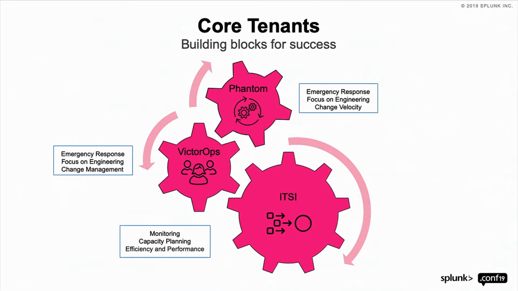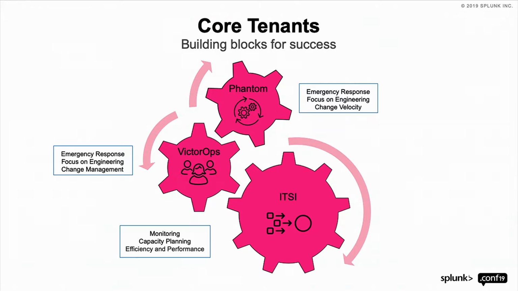So let's talk about where those tenets fit in the Splunk ecosystem. So the first thing that we're going to talk about is ITSI. You're going to use that for monitoring, capacity planning, alerting, and some of the efficiency and performance measurements that you need. If you have alerts, and we'll talk a little bit about the difference between monitoring and alerting, and you need to get hands on keyboards, that's when VictorOps gets in.